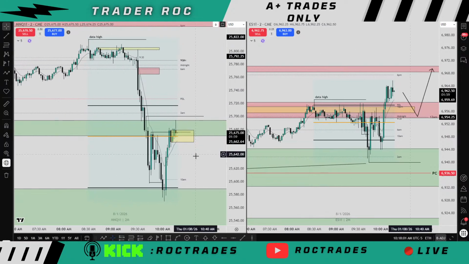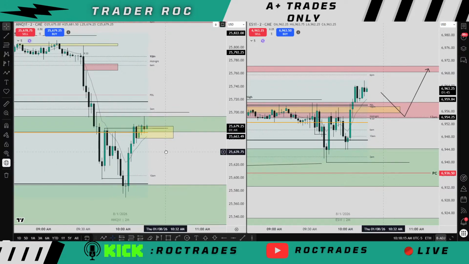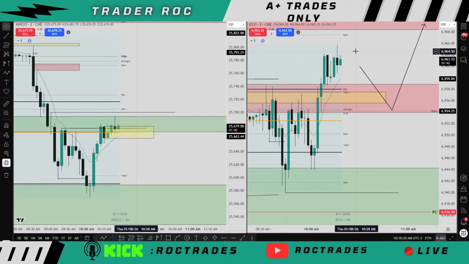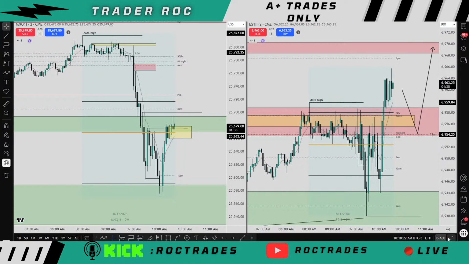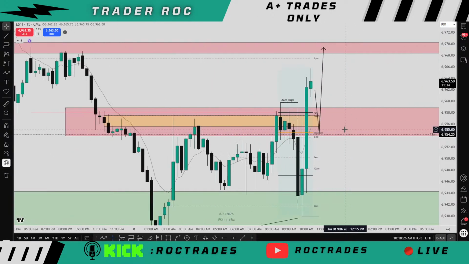So I want to see price offer a clean rejection from this potential order block here. A clean breakout will be my next trade idea. I hate that ES is just pretending to be so bullish right now. Give me a pullback, kiddo.